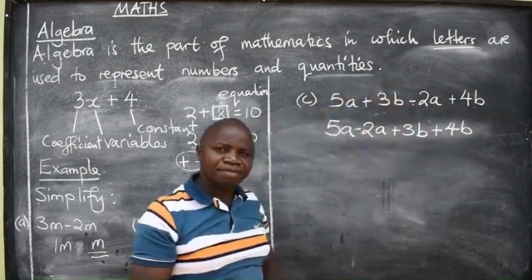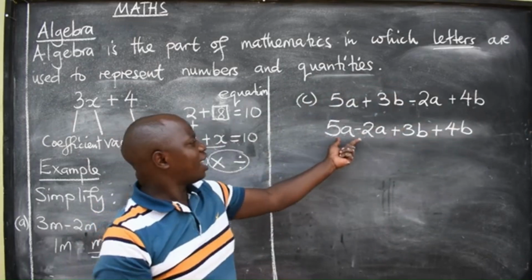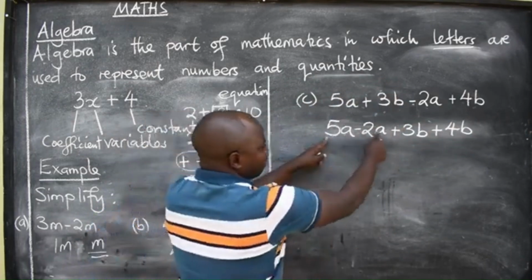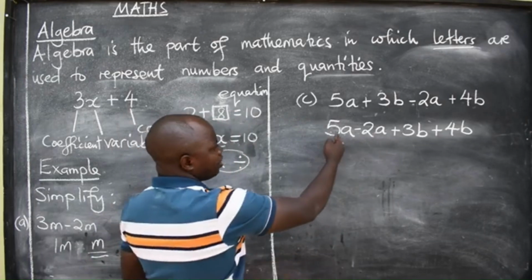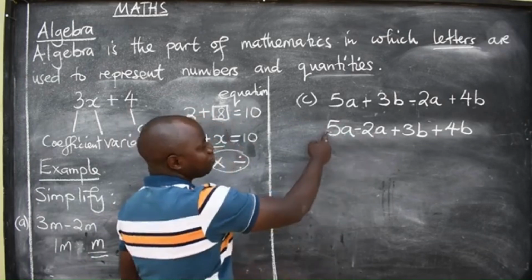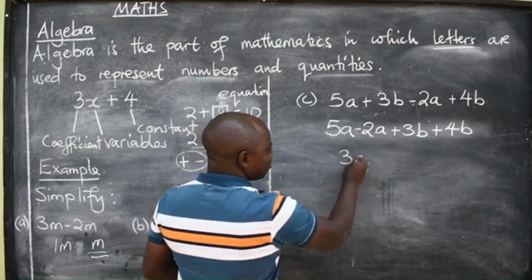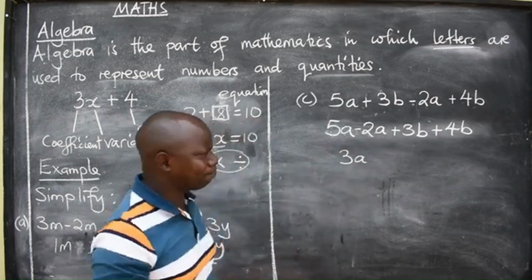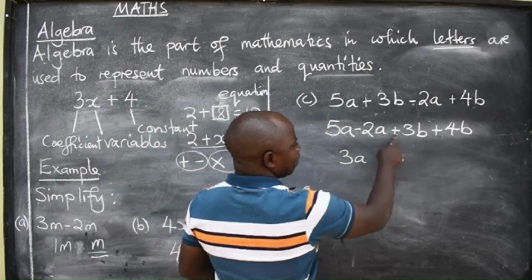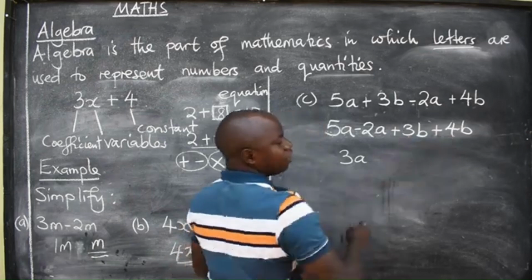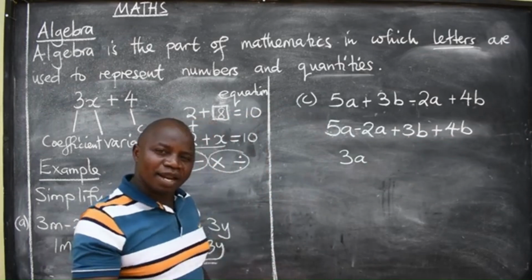Like I was saying, like terms can be added, can be subtracted. So these are like terms. I'll subtract them. What is 5 minus 2? It will give me 3. The letter involved is a. On the other side, I've got plus 3 plus 4, which is plus 7.